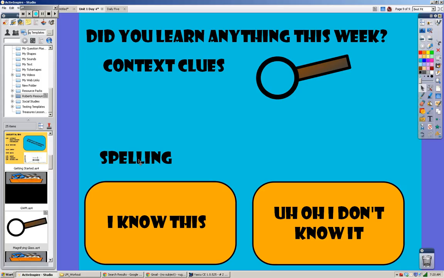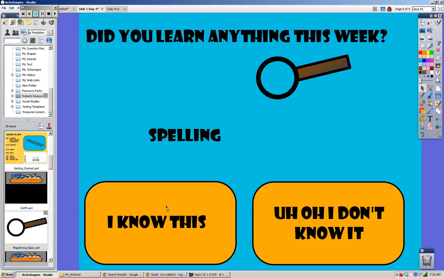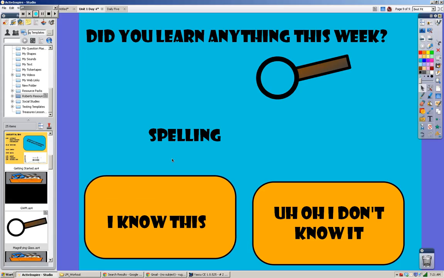Now the spelling words. I hope that you have been studying your spelling words this week, because in class we can look at them and look at them, but if you don't do those things at home, it's really hard when it comes to the spelling test.